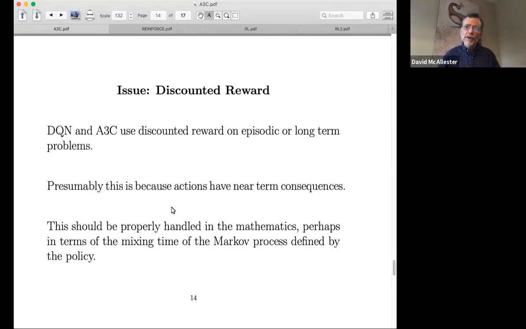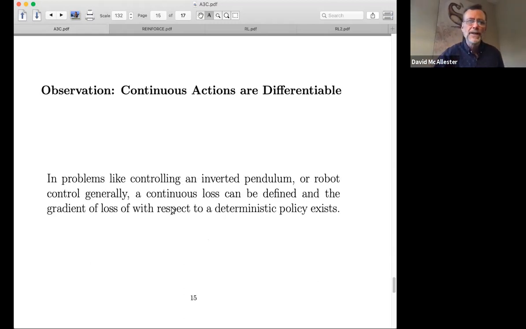And that's presumably because when you take an action, it's primarily influencing the states that are near you in time. If your policy has a mixing time, the effect of that action is lost in the future, and that's probably why you only want to take the rewards in a neighborhood near the place where the action was taken. But it would be nice if that theory was somehow explicit. It'd be nice if the theorems talked about the mixing time or something.